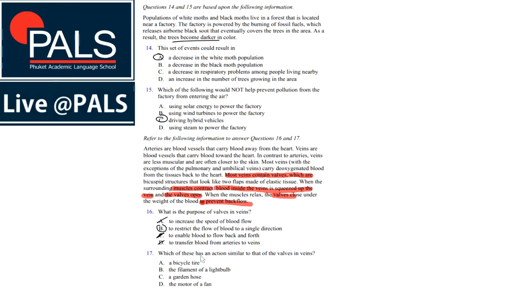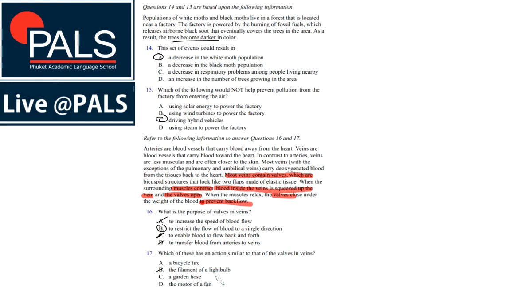Which of these, number 17, which of these has an action similar to that of the valves and veins? A bicycle tire, the filament of a light bulb, a garden hose, the motor of a fan. I would probably go for, so this doesn't really make sense.